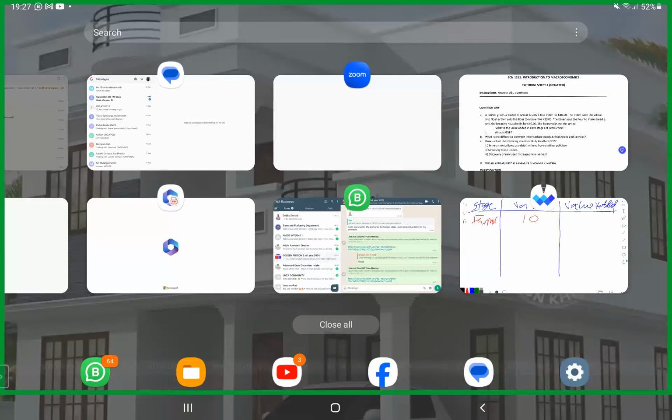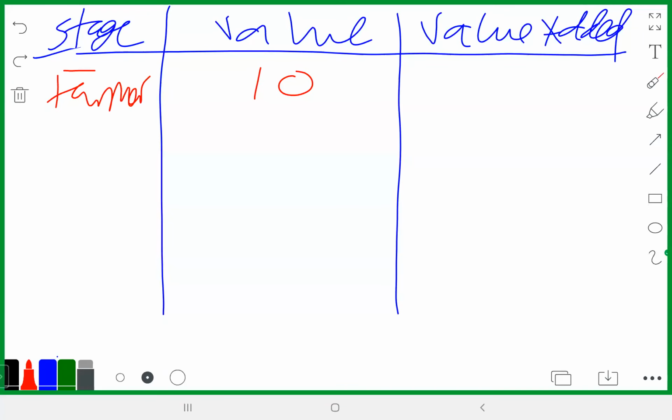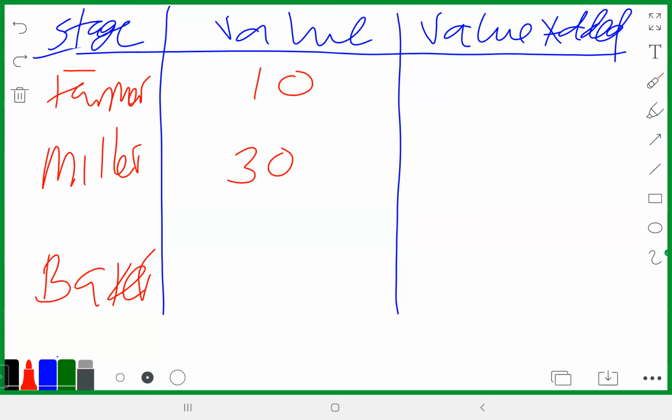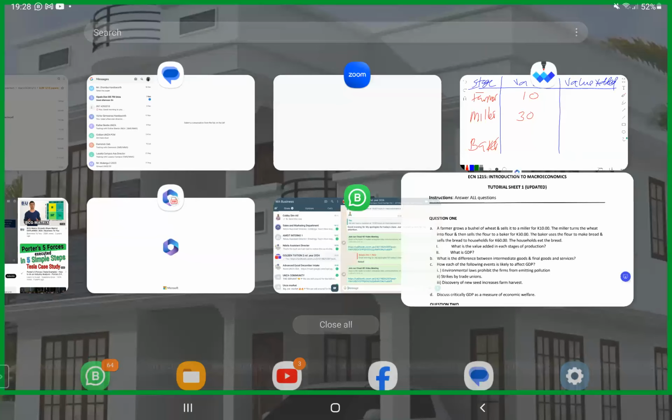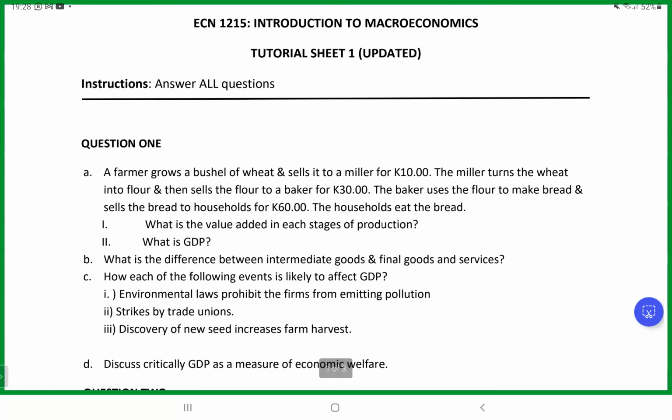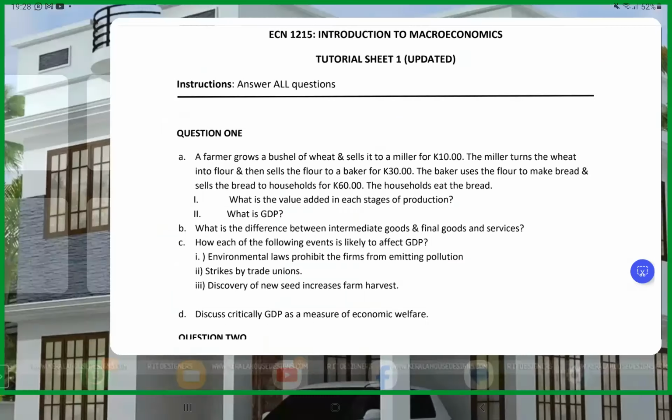So we have the baker here. We have got the miller. Then the baker will make bread using the flour and sell the bread at how much? At 60. And then the bread will be consumed.